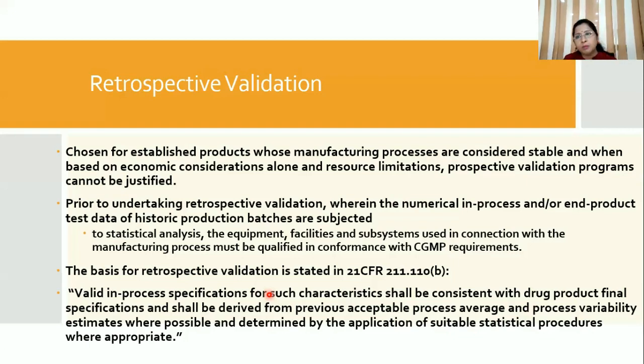Generally, 20 batches we select as a minimum. People ask for retrospective validation how many batches you will work on. Generally 20 to 50 batches we have to work on, right?